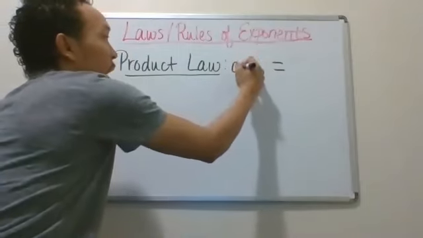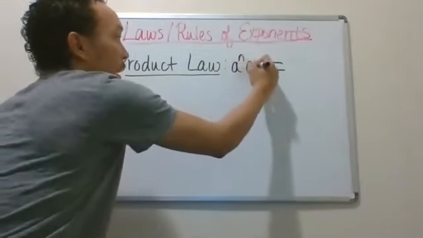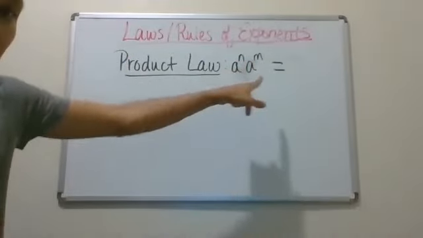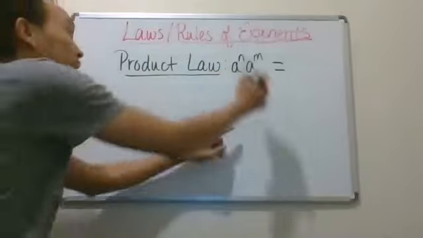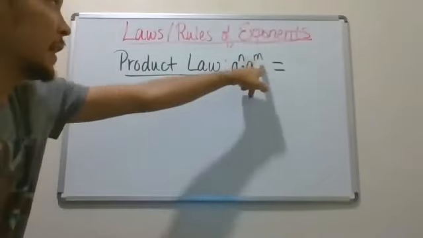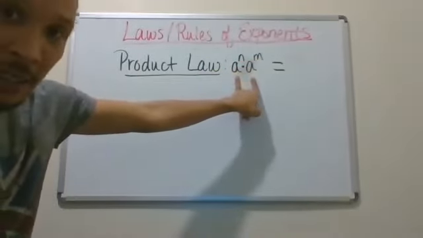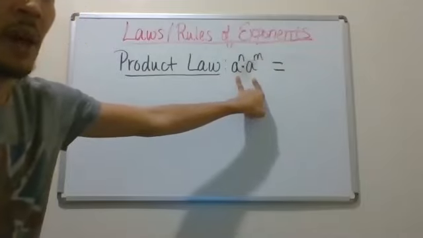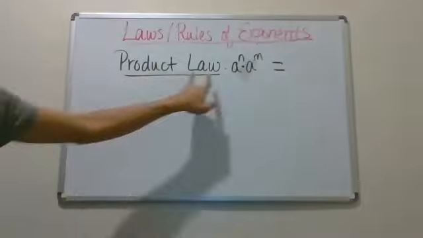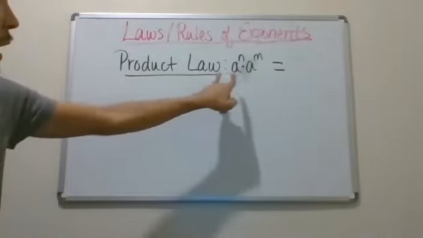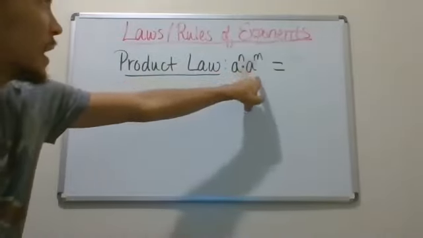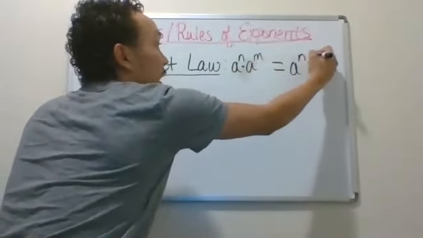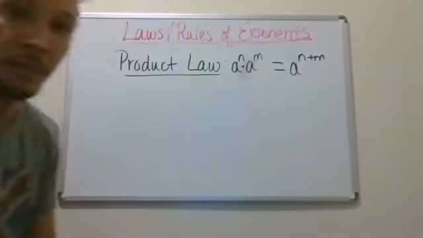So if I have the product between the same bases, with the exact same base raised to exponents, so I have a to the n times a to the m, the bases are exactly the same for product law to work. So a to the n times a to the m is simply the same thing as a raised to the n plus m.